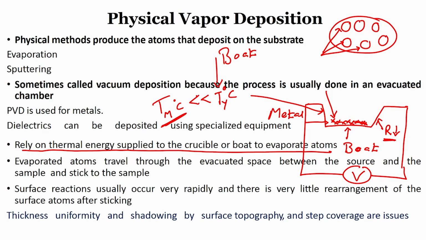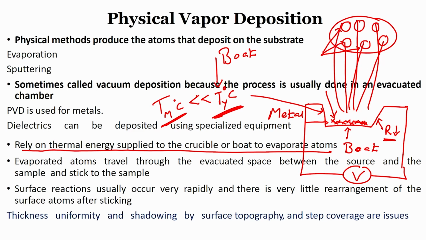The metal will start melting, right. If I keep on increasing the temperature of the boat, the metal after melting will start evaporating. When it starts evaporating, it will get deposited onto the substrates.